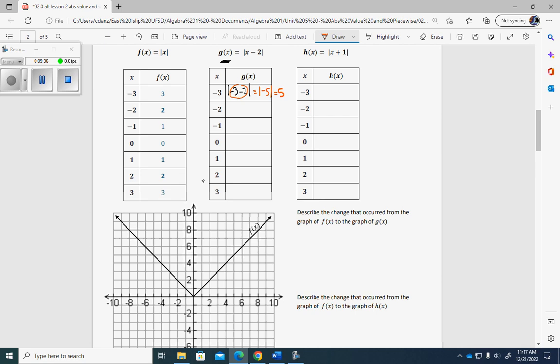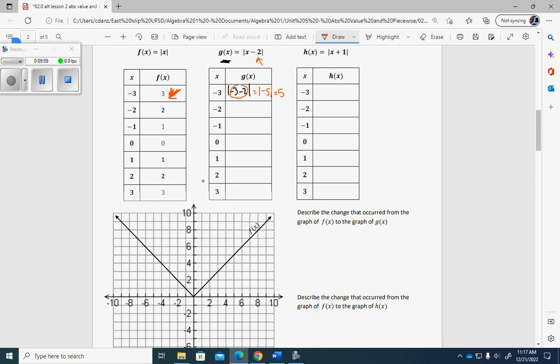It's a positive 5. So it's not like I'm doing anything to that y value like I did in the first problem, and that's because this is inside the absolute value function. So it's more having an effect on x instead of having an effect on y.